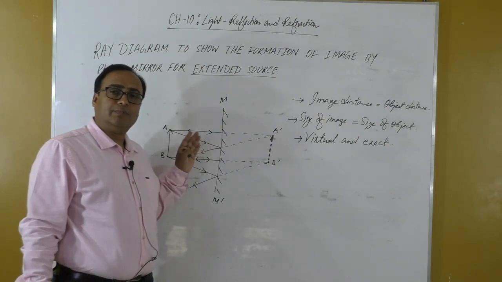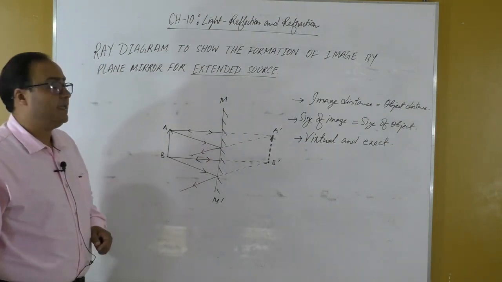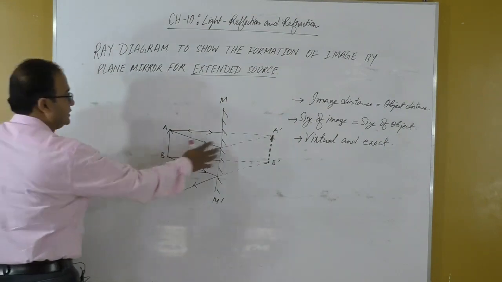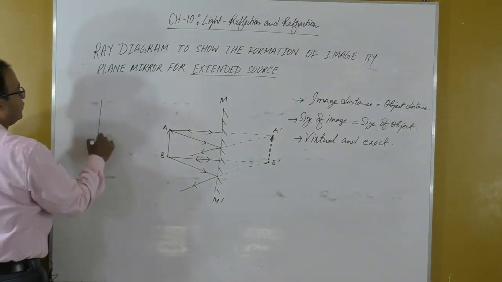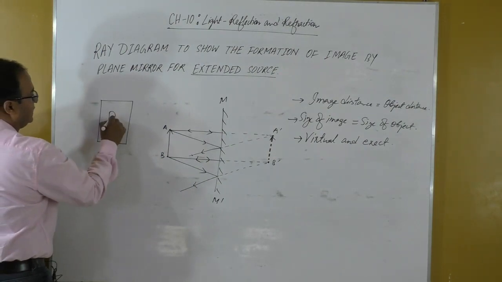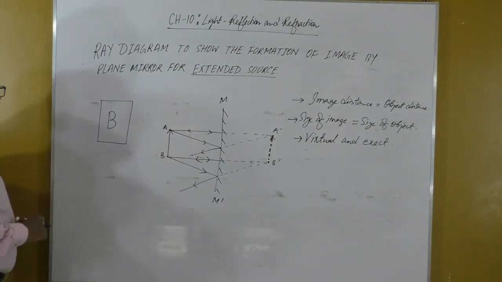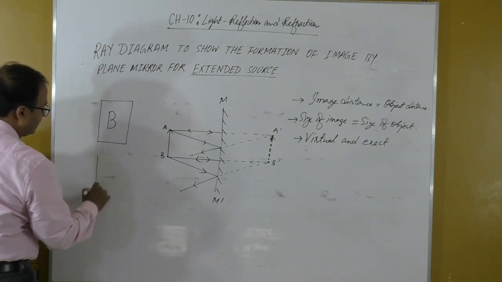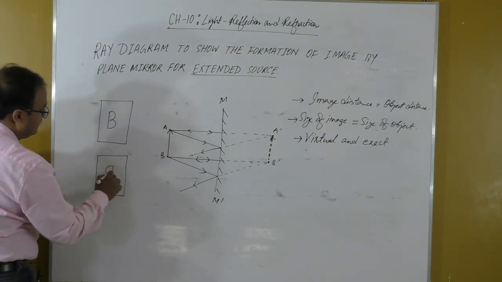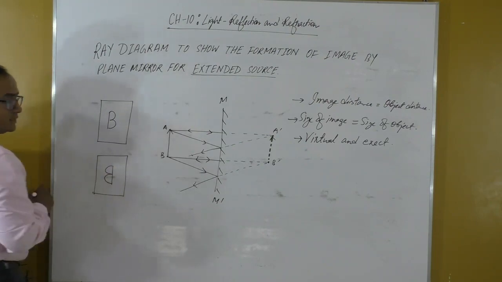Now another important characteristic is that the image is laterally inverted, and that lateral inversion you cannot see in this diagram. I am giving one example. If you draw the letter B on a page and try to observe it in a mirror, you will see that the image of the B appears like this.